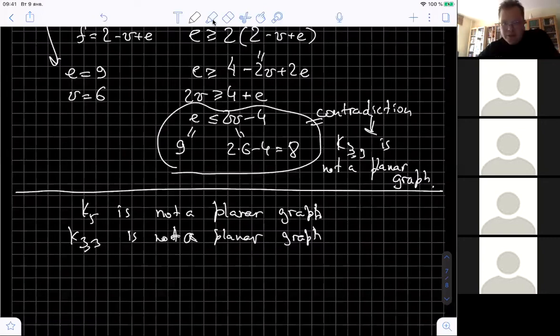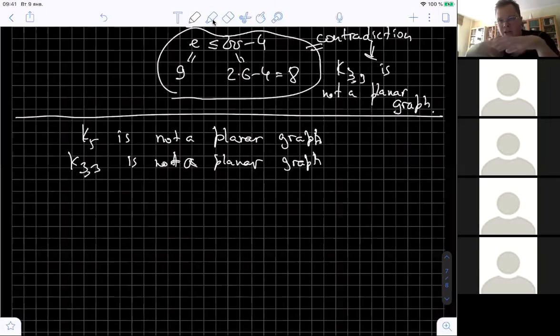But now I will formulate the theorem of characterization of whether a graph is planar or not. So we proved that K5 is not planar, K33 is not planar, and what can we already obtain? If our graph contains K5 or K33, then of course it's not planar, because if we can embed it on the plane, then we can embed a subgraph like K5 or K33.